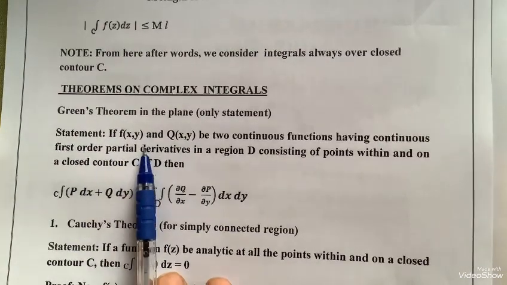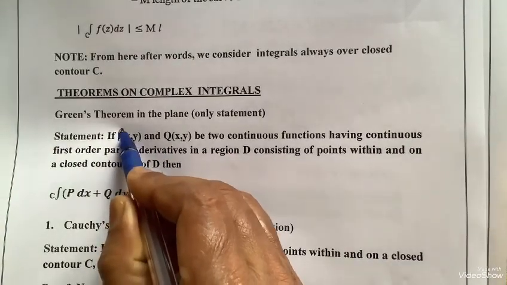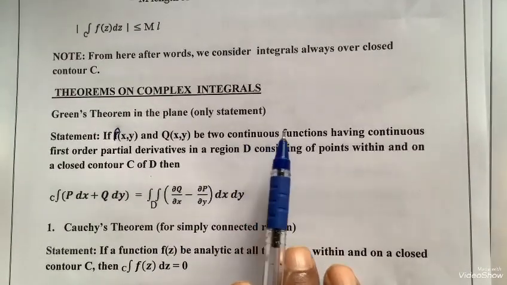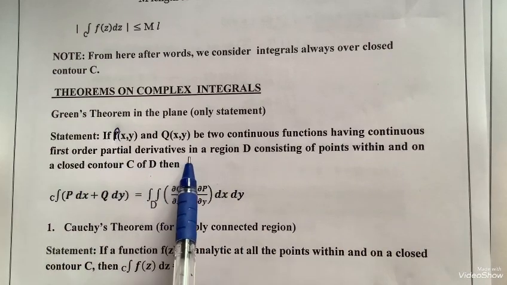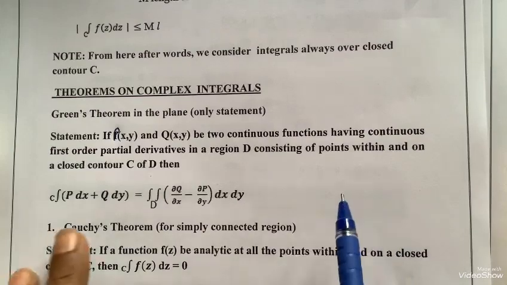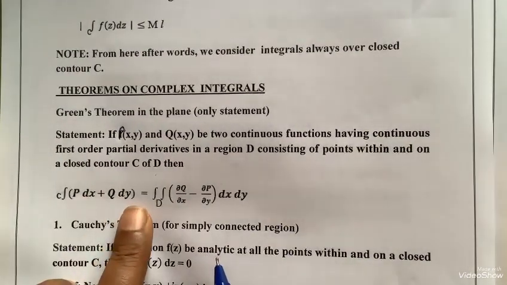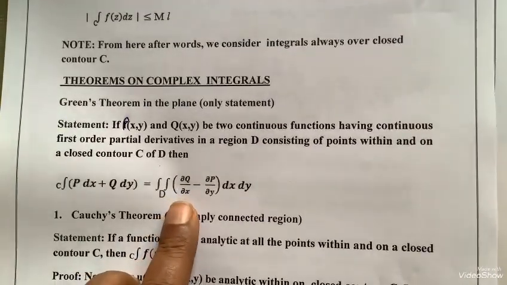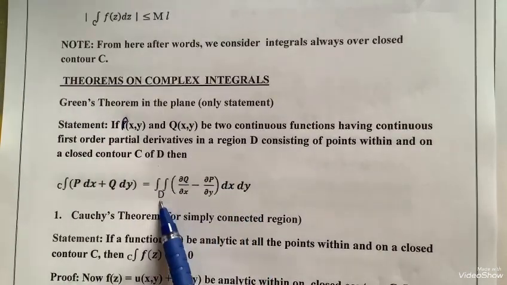If the functions P(x,y) and Q(x,y) are two continuous functions having continuous first order partial derivatives in a region D, consisting of points within and on the closed contour C of D, then integration P dx plus Q dy over C is equal to double integration of (dou Q by dou x minus dou P by dou y) dx dy over the region D.